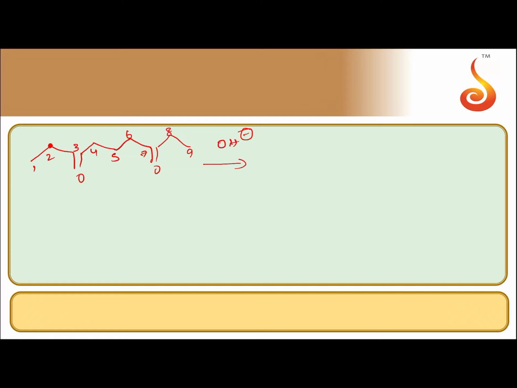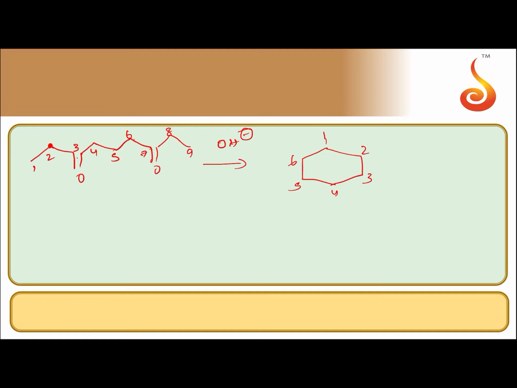So the second carbon atom should form a bond with the 7th carbon atom. So what will I get? A 1, 2, 3, 4, 5, 6 carbon atom ring I am getting.